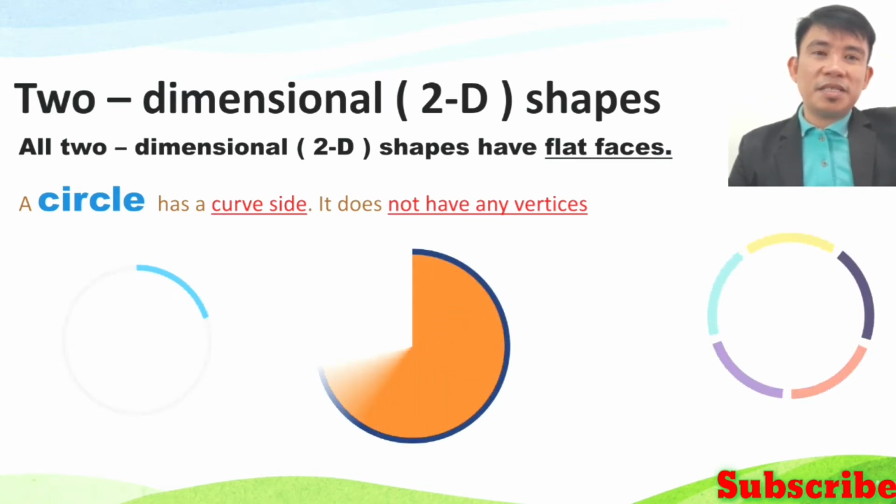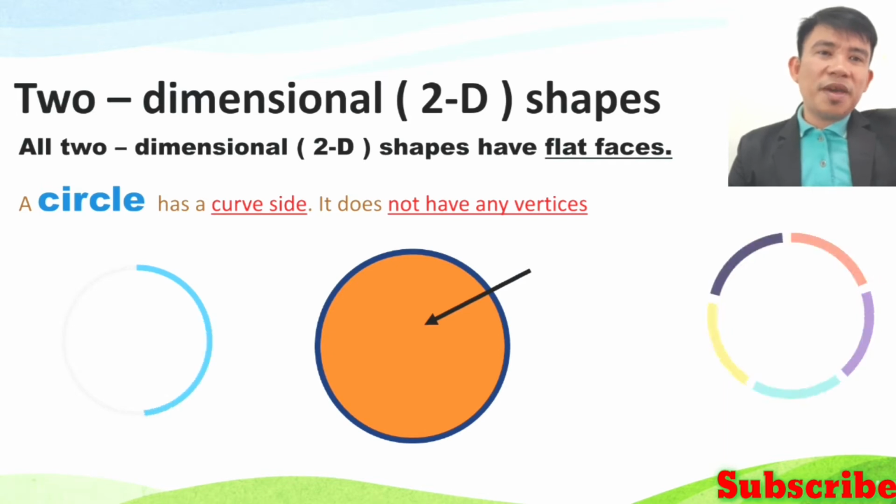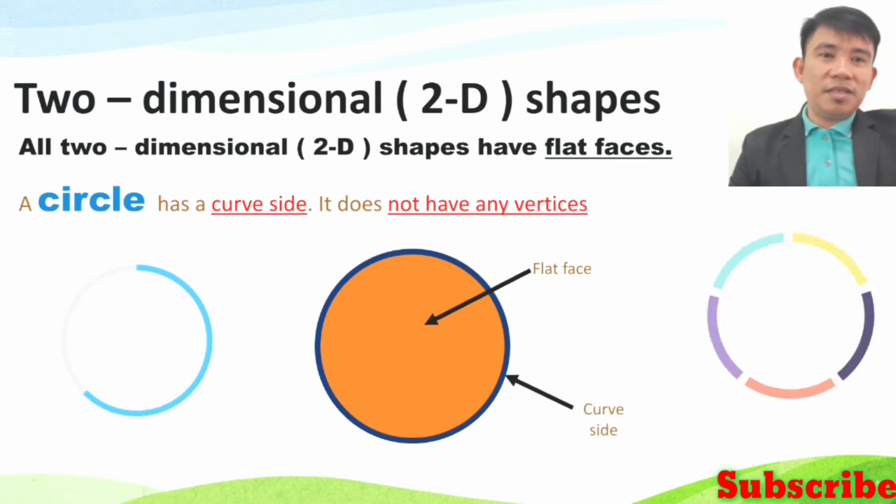As you can see, it has a curved side. So where is the face of a circle? Of course, same, it's a flat face. And it doesn't have any vertices, but it has a curved side. So this is the curved side of a circle. I hope you see it there.